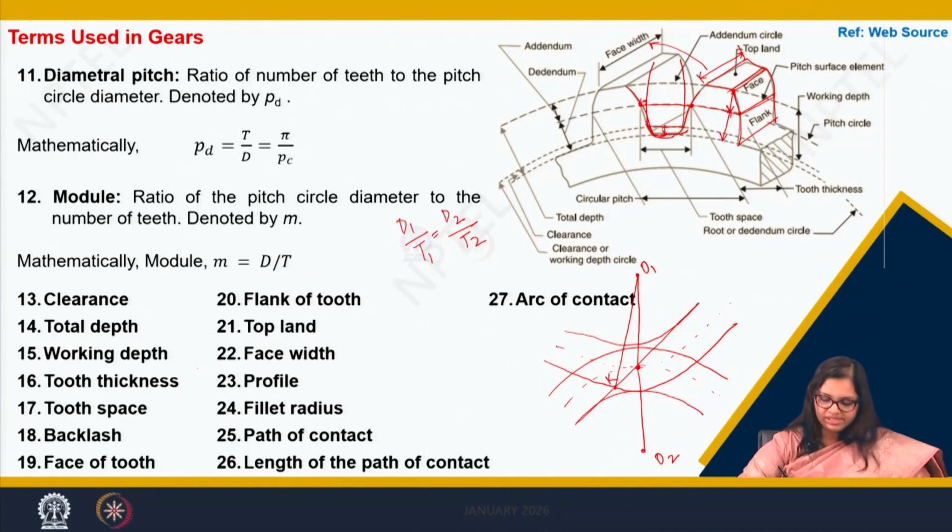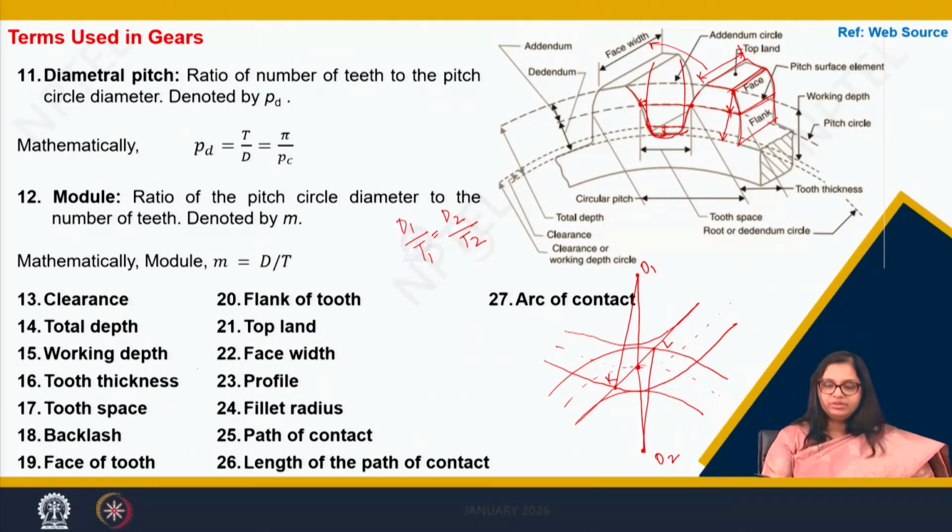And where does it end? This is at the point which is on the addendum circle of this wheel, which we denote as L. So this complete length KL is the path of contact, and this is the length of the path of contact.